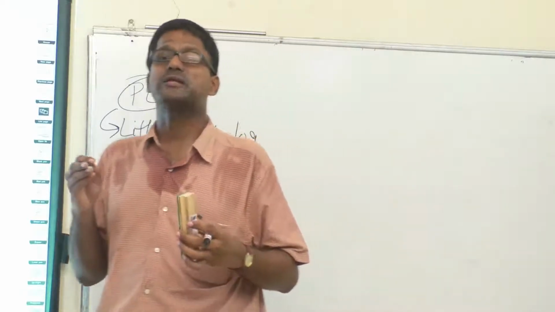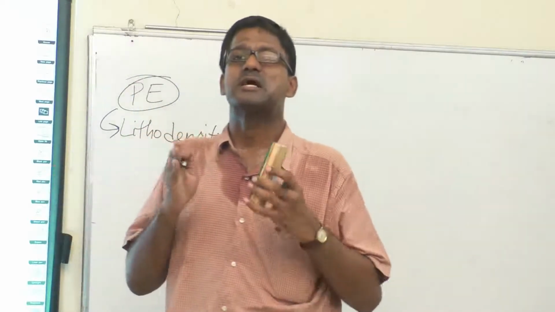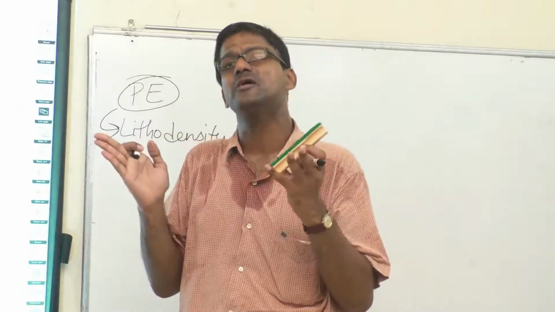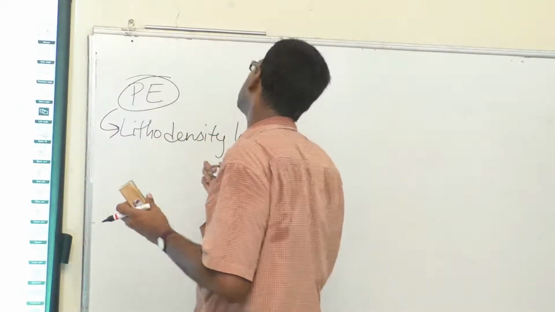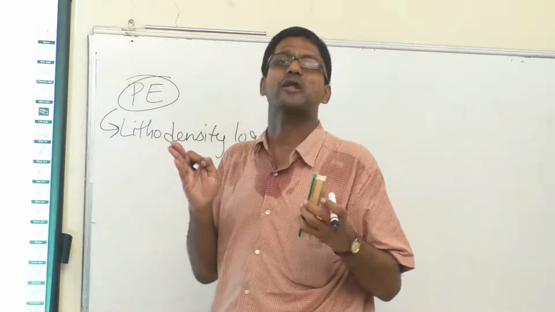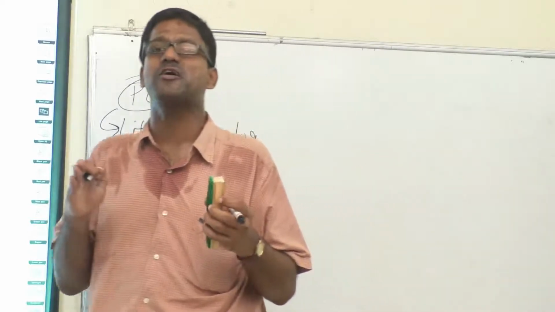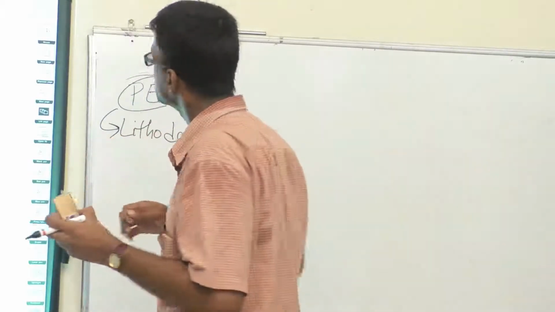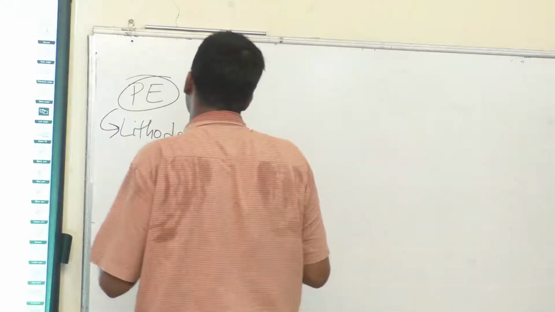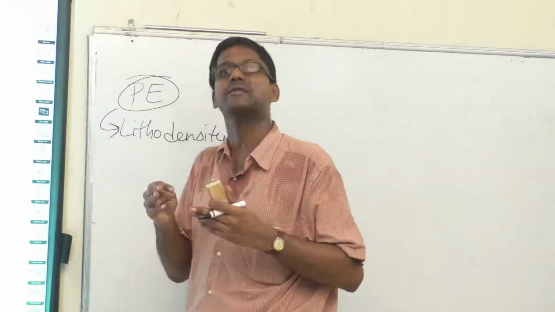Now, in the density log, what happens? The gamma rays are emitted from the source and interact with the electrons present in the atoms of the formation. So when they collide, what happens? The energy gets reduced.